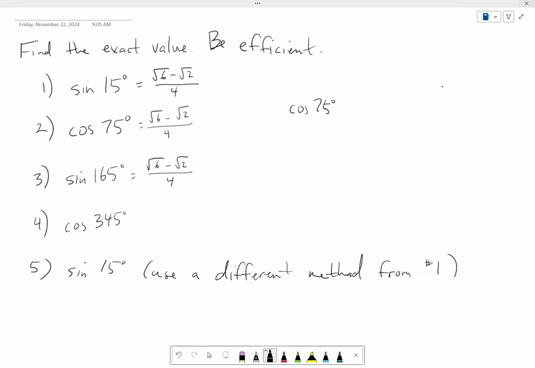Yeah, so what I did is I drew out the right triangle where it's 75, 15, and 90. Let's call it sides A, B, and C. And so the sine of A is B over C, because that's opposite over hypotenuse.